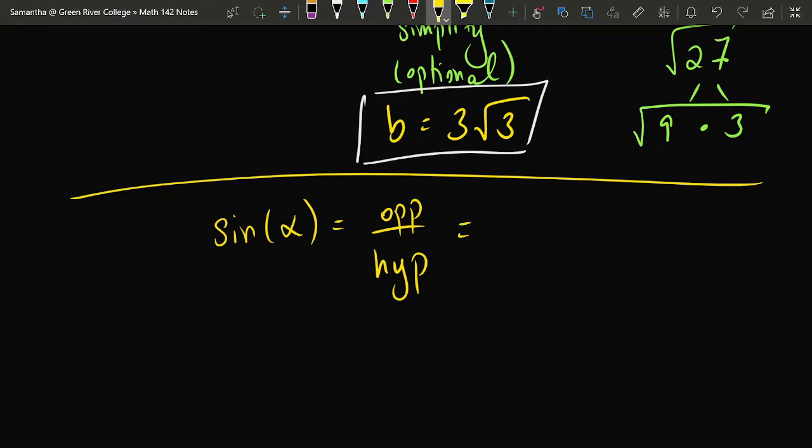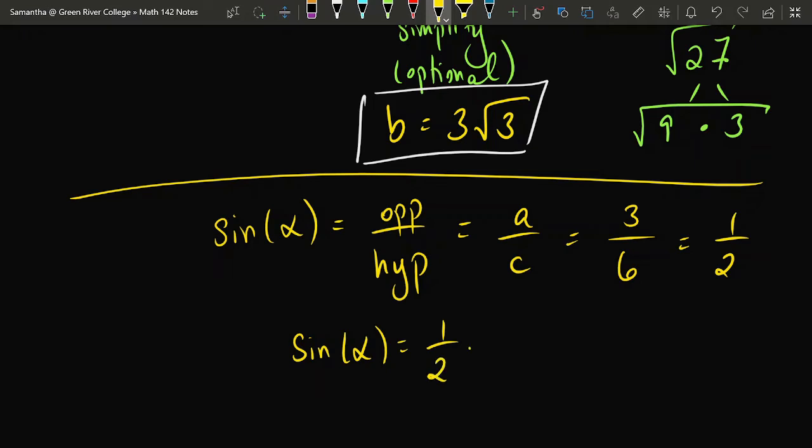And in this particular problem, the value of the opposite side is equal to 3, and the value of the hypotenuse is equal to 6. So I'm trying to find an angle at which sine outputs 1/2.